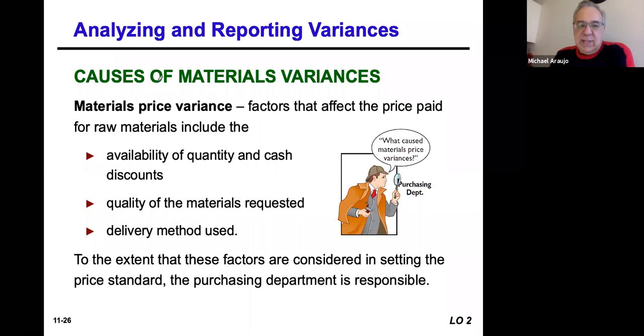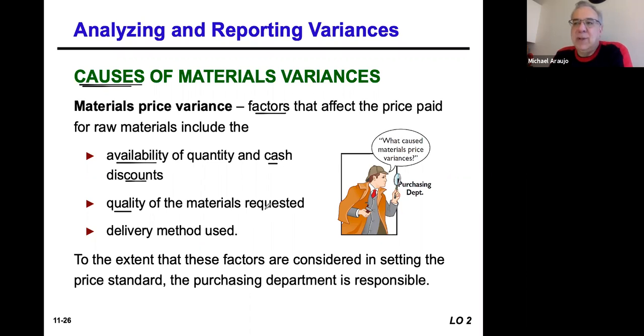So there are a number of reasons why the materials variance happened. There are factors that might affect the price, including the availability of the materials. Did we get any cash discounts or not? What was the quality of the material?